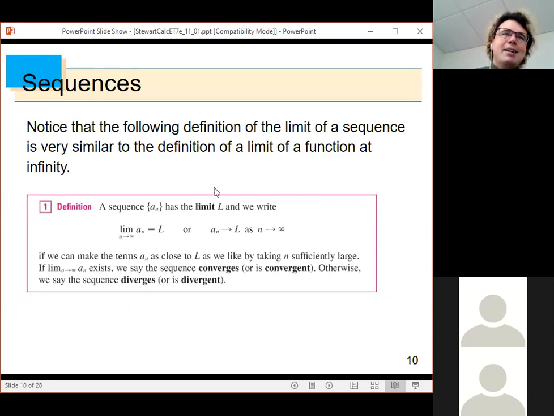So the technical definition of this limit looks very much like the definition for the limit of a function. This is again thinking of the sequence as a function whose domain is the set of positive integers.